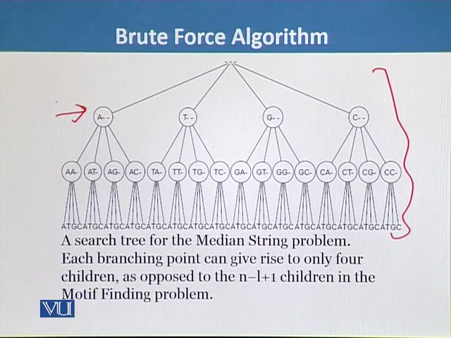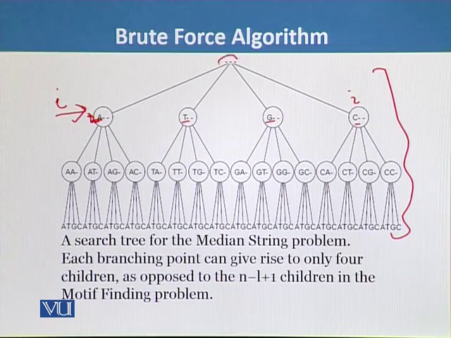A vertex level is I. If it is at the level of a vertex, it represents a nucleotide string of length I, which can be viewed as an I-long prefix of every leaf below the vertex.